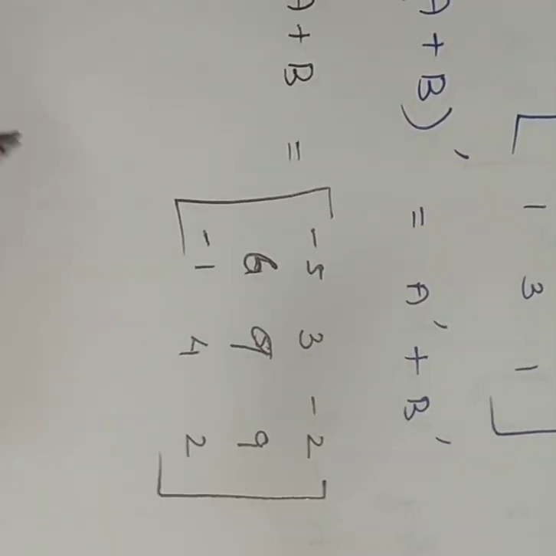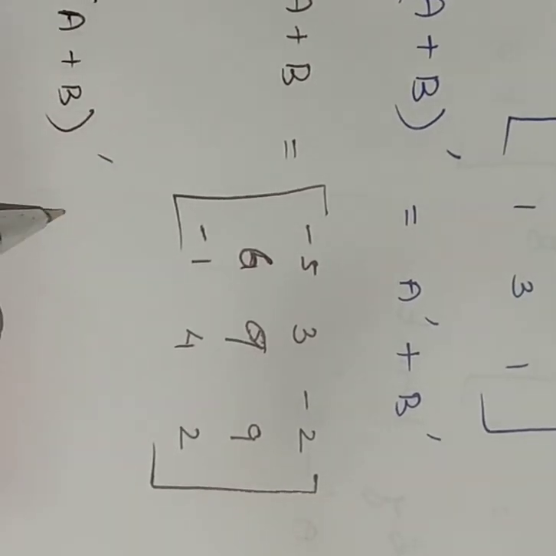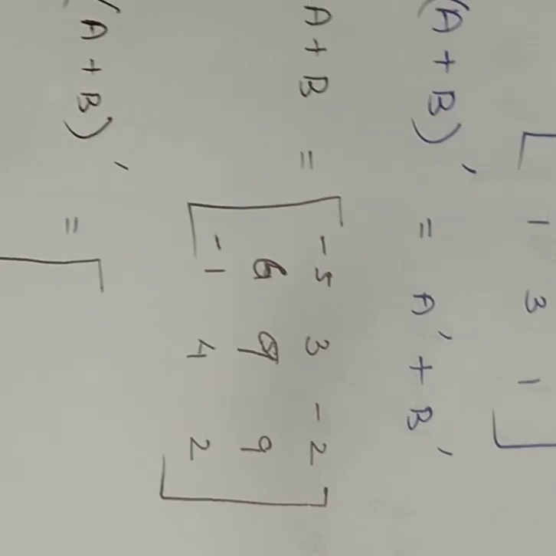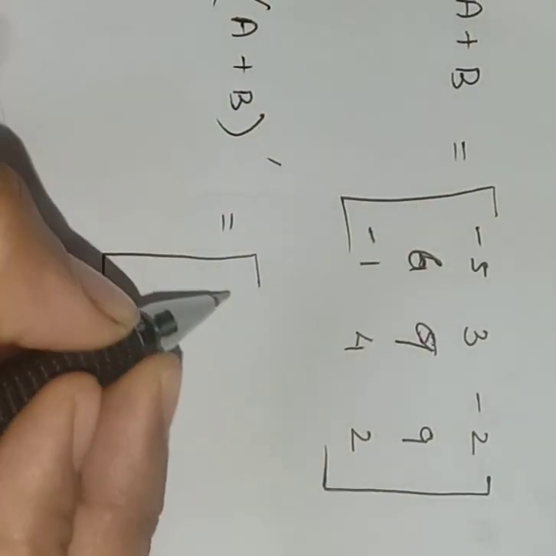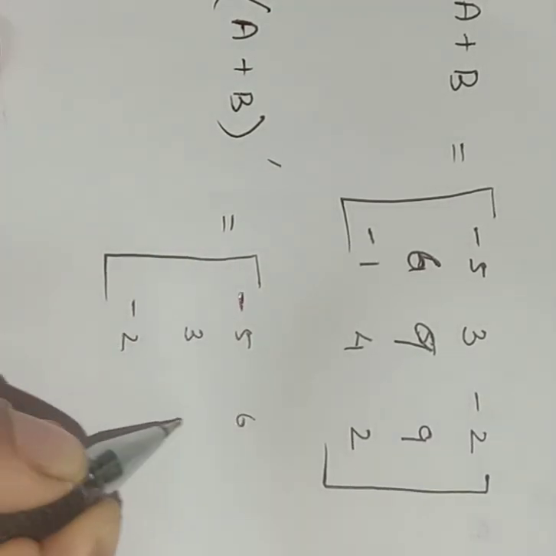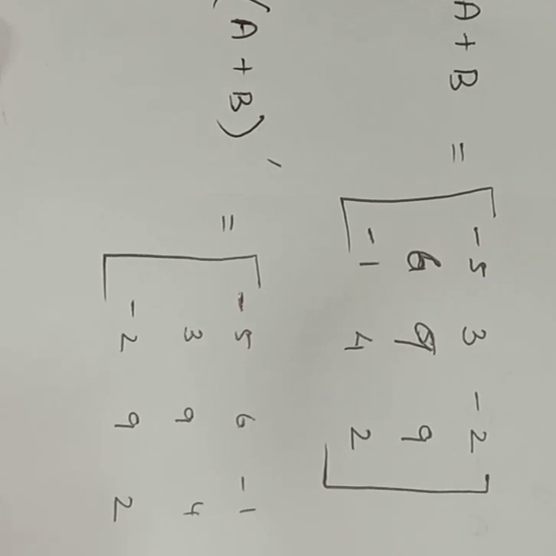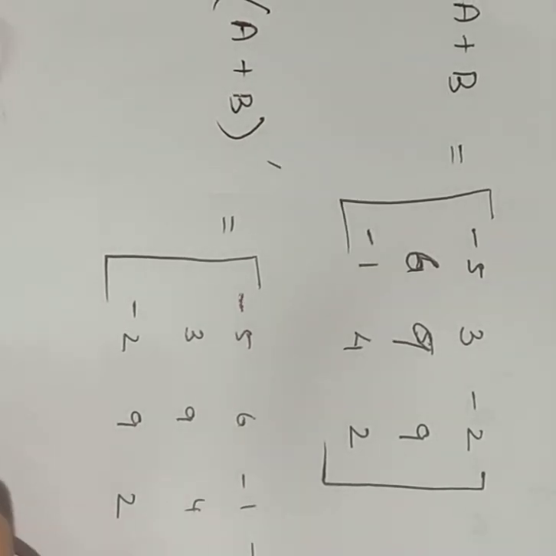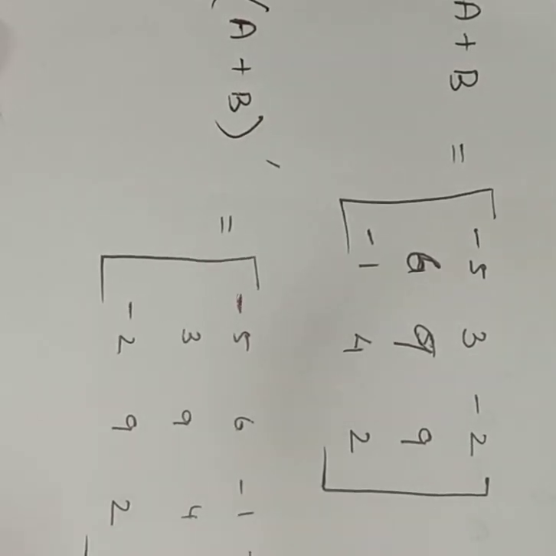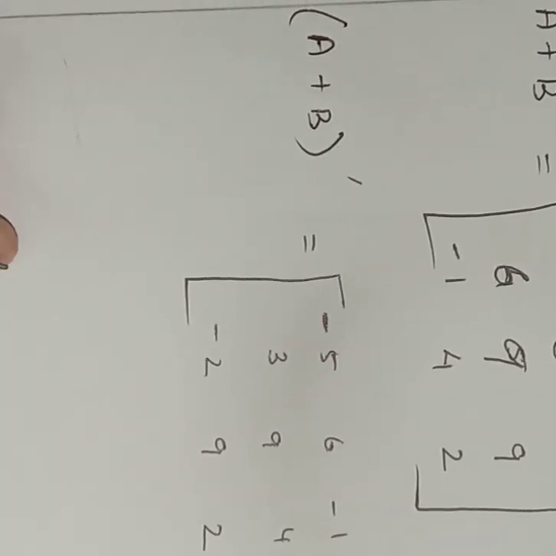So what is A plus B the whole dash? Can you tell, students? A plus B the whole dash is, first row will become first column, right? So minus 5, 3, minus 2, 4, 5, 9, minus 1, 4, 2. So this is your A plus B the whole dash. This is the LHS. Now I am going for the second part, that is A dash plus B dash.